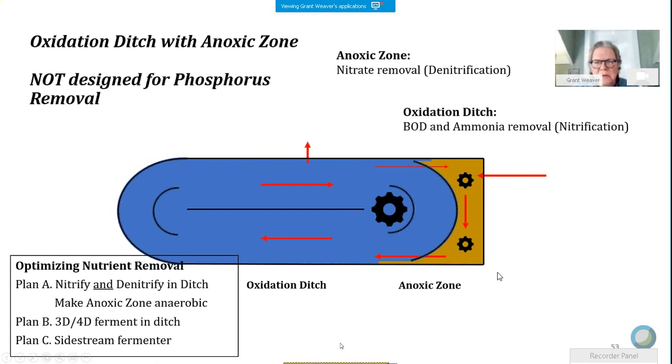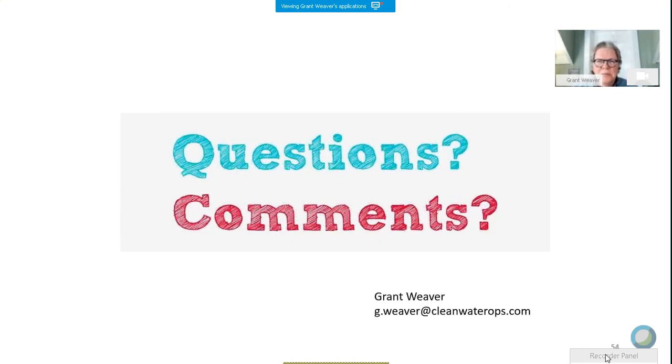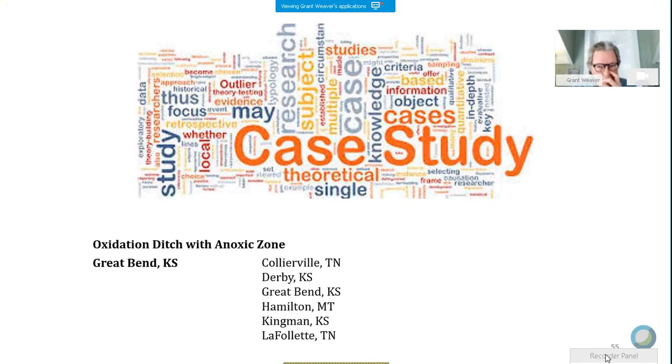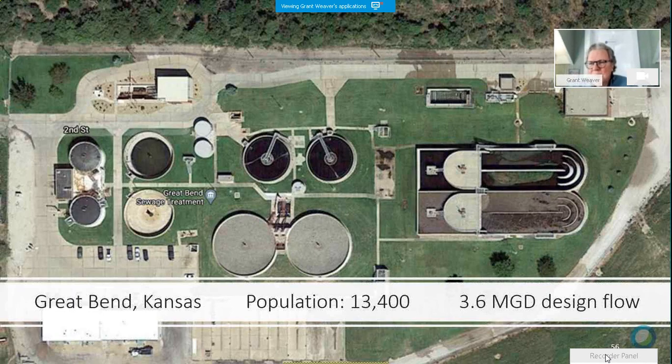Then you want to boost the BOD getting into the blue part, the aerobic part, so you can support that phosphorus removal. I'll use Great Bend as an example. It's a real nice example. There's going to be a write-up about this in TPO magazine maybe next month or the month after.